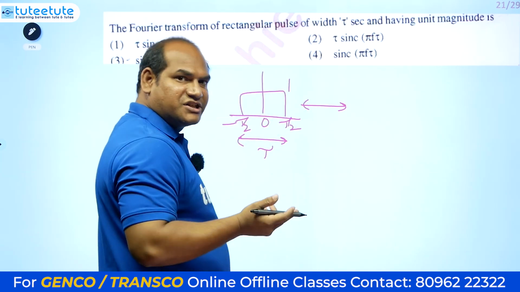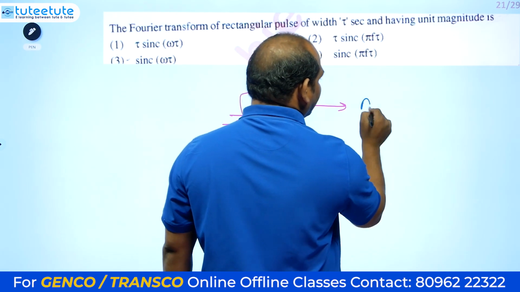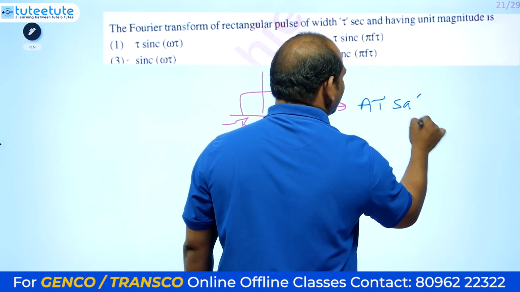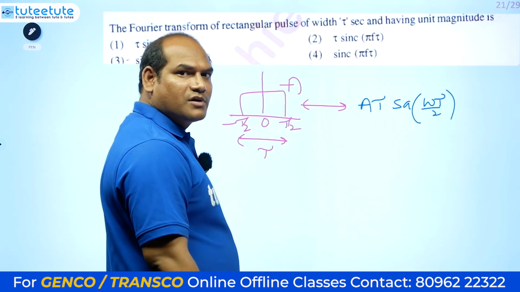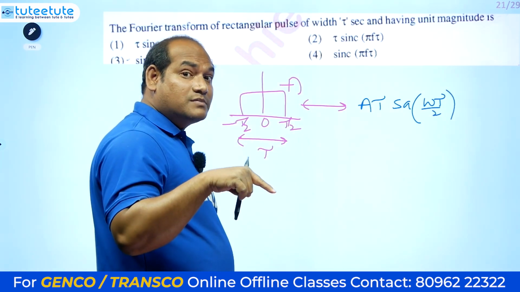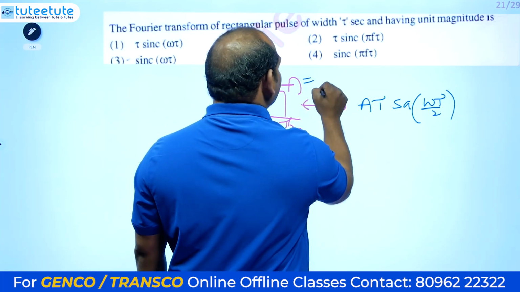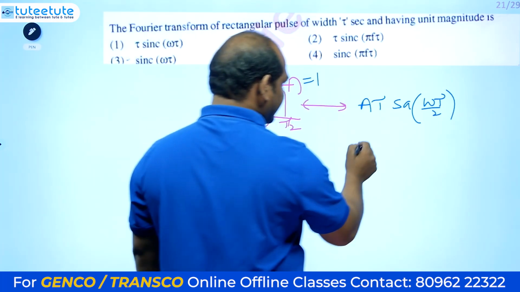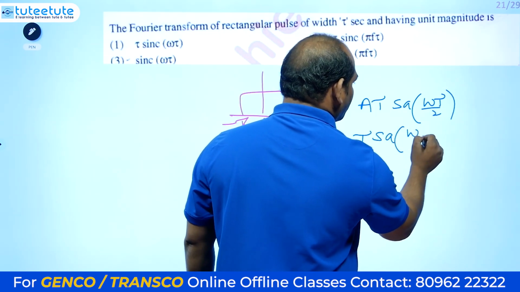The standard representation of its Fourier transform, if the amplitude is A, is A tau Sa of omega tau by 2. Sampling is different from sinc, I will tell in detail. Here A is equal to 1, so 1 into tau is tau. Tau Sa of omega tau by 2.